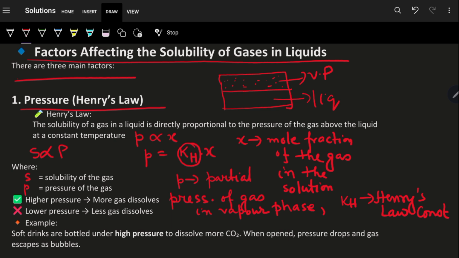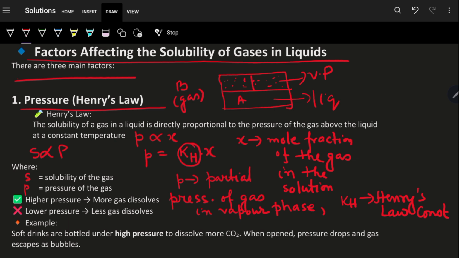Now, if I talk about dissolving a gaseous solute in a liquid solvent, then how much of the solute can be dissolved? It depends on the gas pressure above the liquid, that is the partial pressure of the gas in the vapor phase.